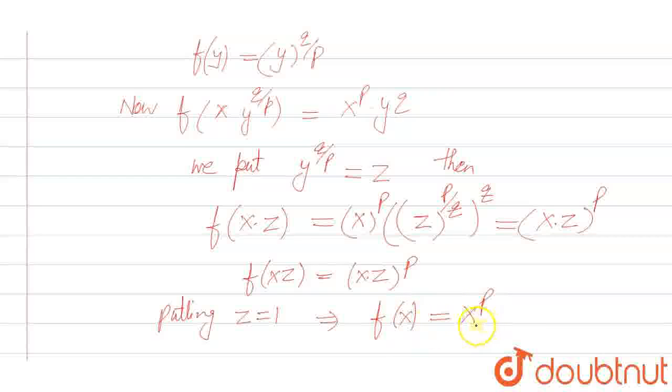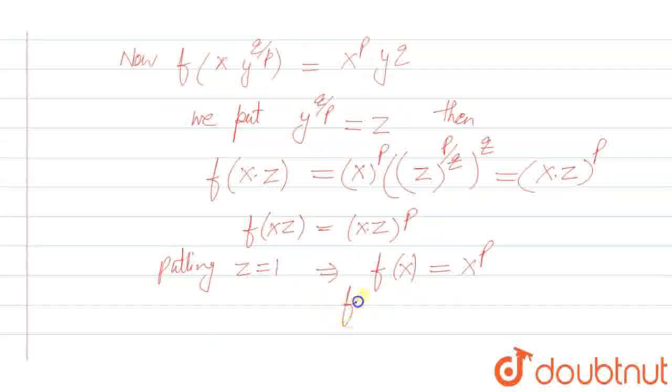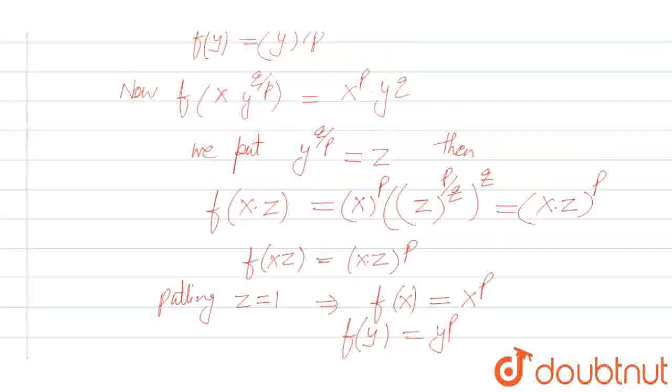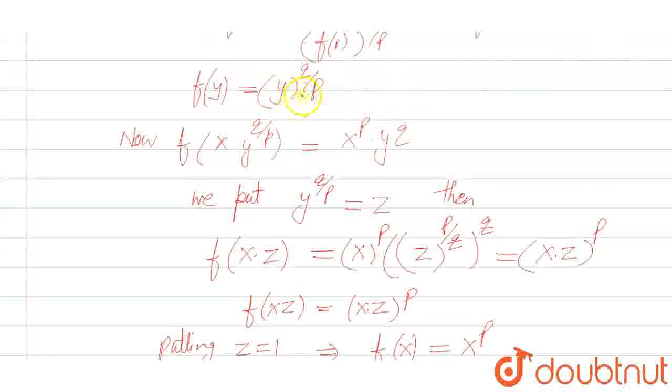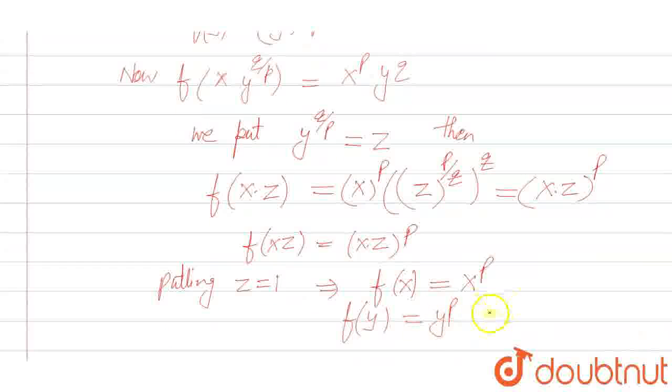So f(x) is equal to x^p, then f(y) would be equal to, same way, just replacing x by y, y^p. Now here we have calculated f(y) is equal to this, so let this be equation 3, and here f(y) is equal to this, so let this be equation 4.